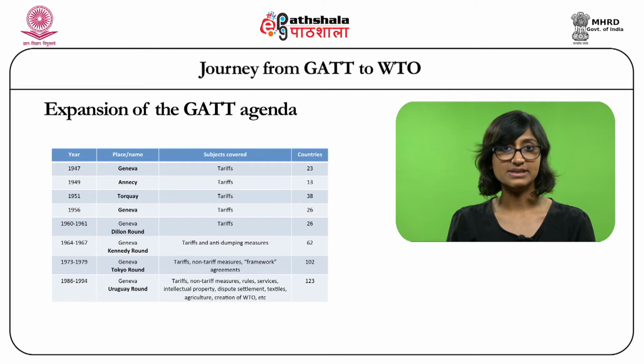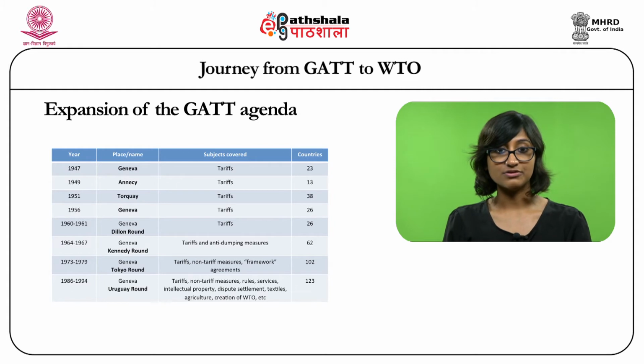It is only now we see an expansion of the GATT agenda. 1964 to 67, the Kennedy round took place in Geneva, and it dealt with tariffs and anti-dumping measures, with 62 countries participating in the Kennedy round. In 1973 to 1979, the Tokyo round took place in Geneva, the subject of negotiations being tariffs, non-tariff measures, and framework agreements, with the number of countries having increased to 102.